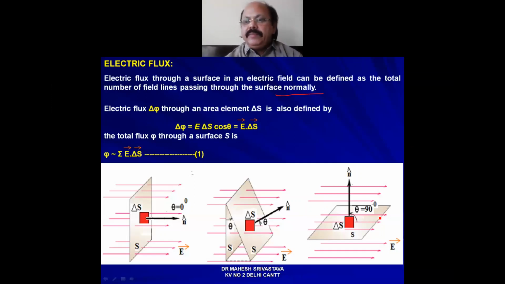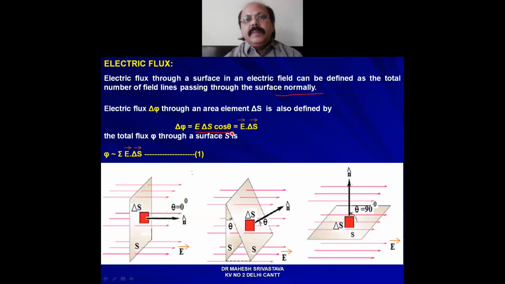So electric flux delta phi through an area element delta S can be defined as the product of the magnitude of the electric field and the component of the area vector, or as the product of the magnitude of the area vector and the component of the electric field along the direction of the area vector.